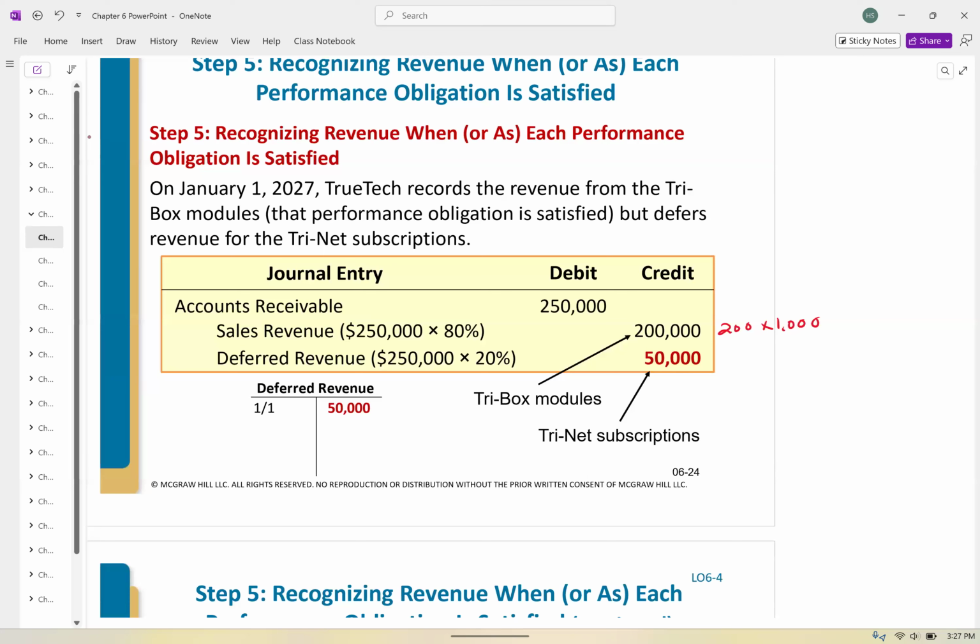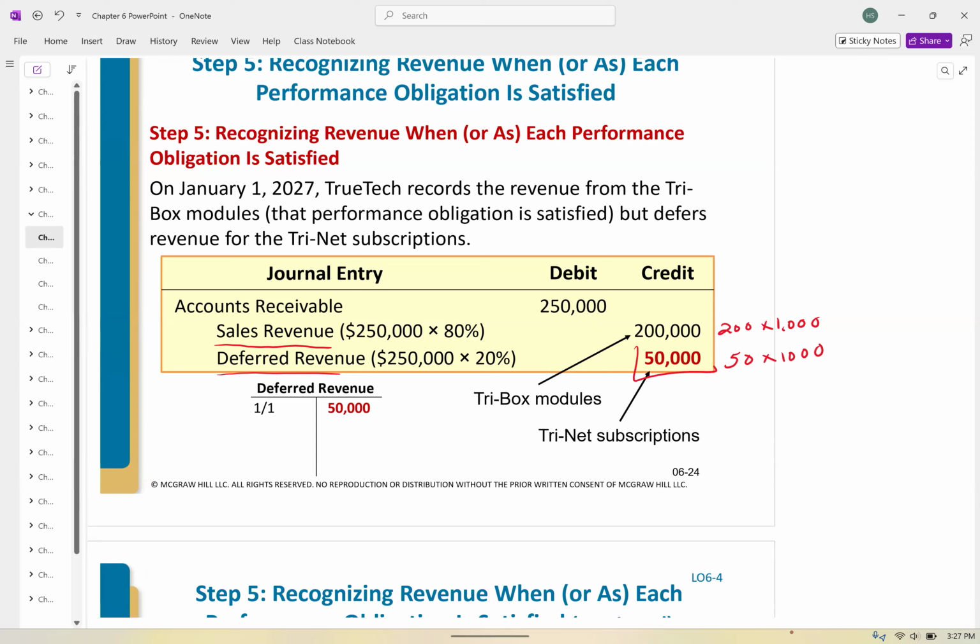Okay. And then the other one was $50 multiplied times the 1,000. Okay. So 200,000 gets recorded as sales revenue right then on January 1st. Okay. The other 50,000, we're going to defer that off into the future because it's going to cover a year.